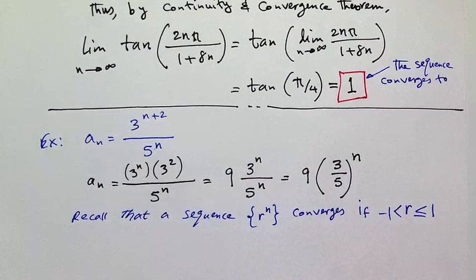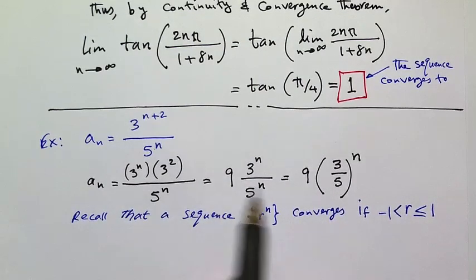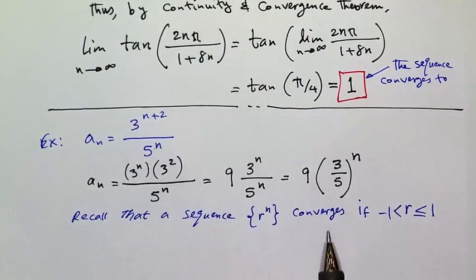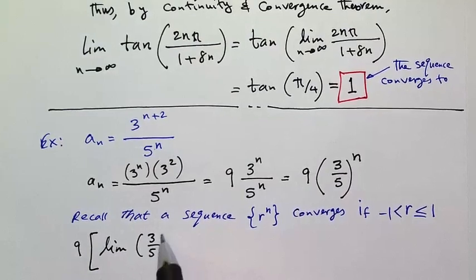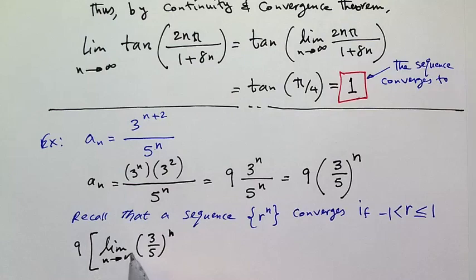Then let's continue with finding the limit of the sequence, knowing that it's going to converge. So we have the constant can stay on the outside, and then times the limit of 3/5 to n power as n goes to infinity.